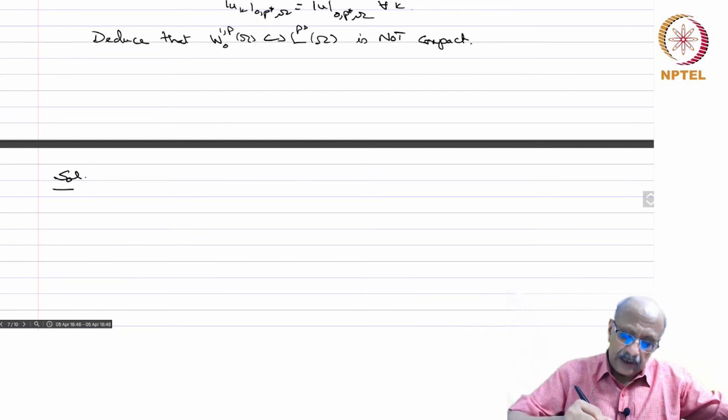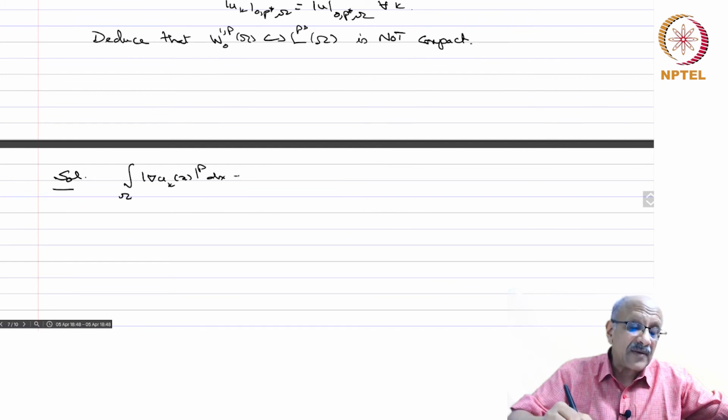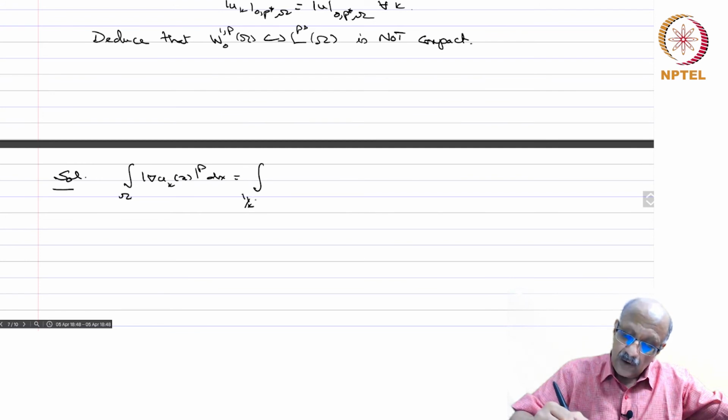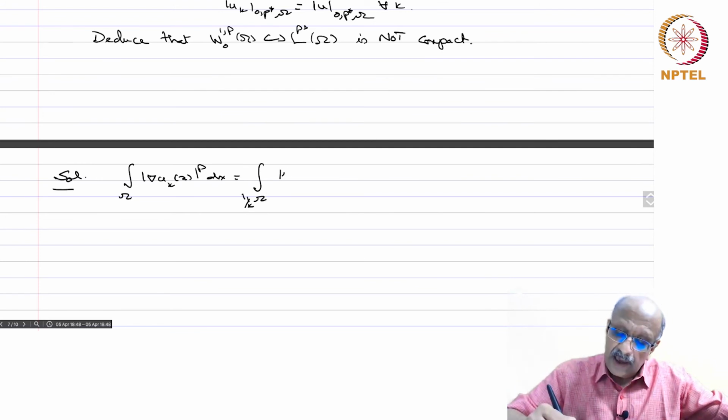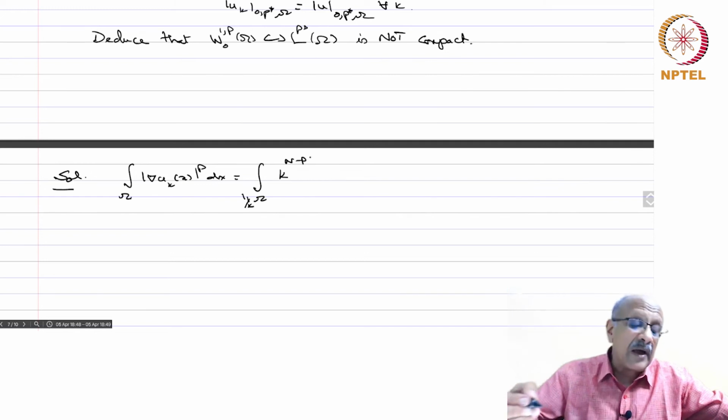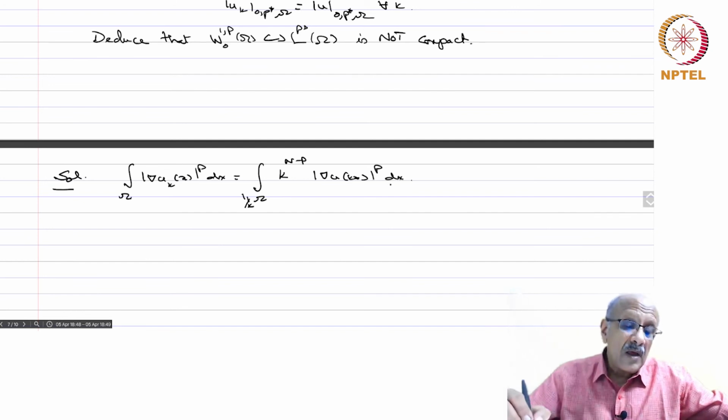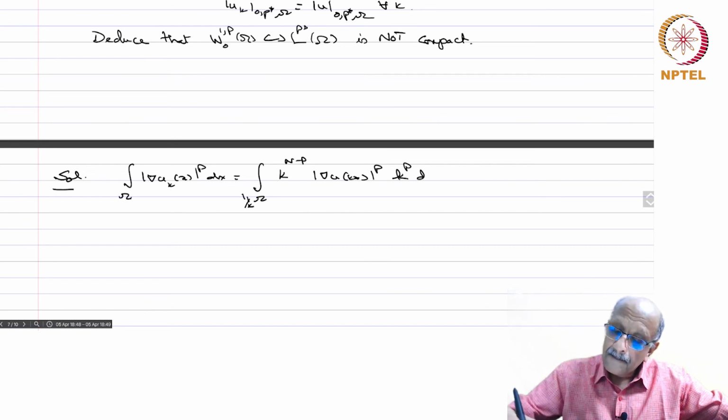So the integral on omega of mod grad u_k of x to the power p dx is the integral over (1/k) omega, where it is not 0, of k^{n-p}, because I have taken the p-th power, times mod grad u of kx to the power p dx. And then because I am differentiating, I will have another k^p, because u of kx has to be differentiated.